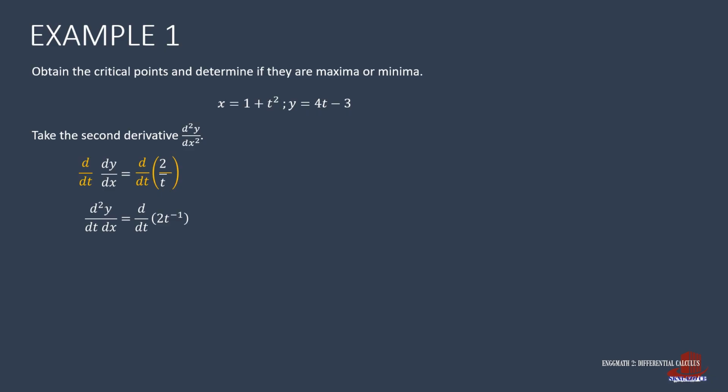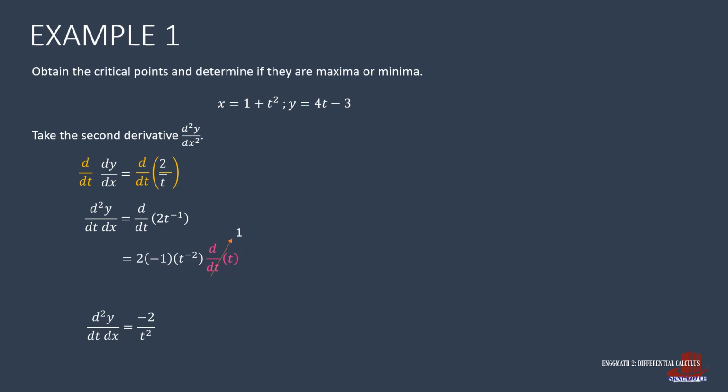This procedure can shorten the differentiation instead of using quotient rule. This is then constant 2 times the exponent of negative 1 with t raised to negative 2, again attached with d of t with respect to t, which then eventually cancel out to 1, which makes the second derivative of y with respect to dt over dx as negative 2 over t squared.